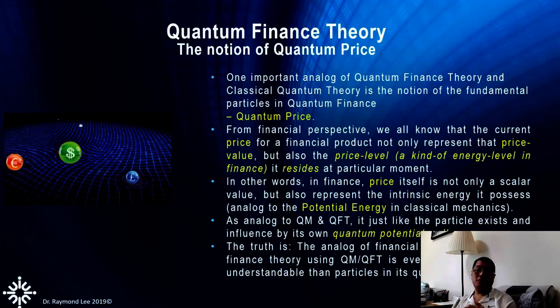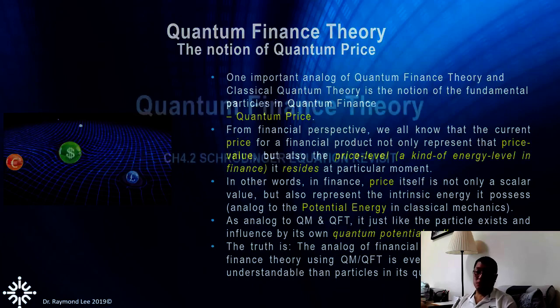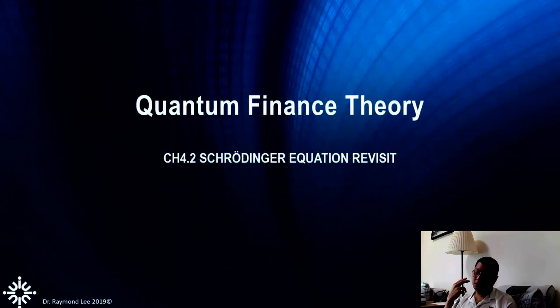But finance is different, right? You can see the price every time you open the financial market using MT4. You can see the price and the overall pattern at the same time. So in some sense, it's easier to understand than the quantum particle in the original concept and theory.